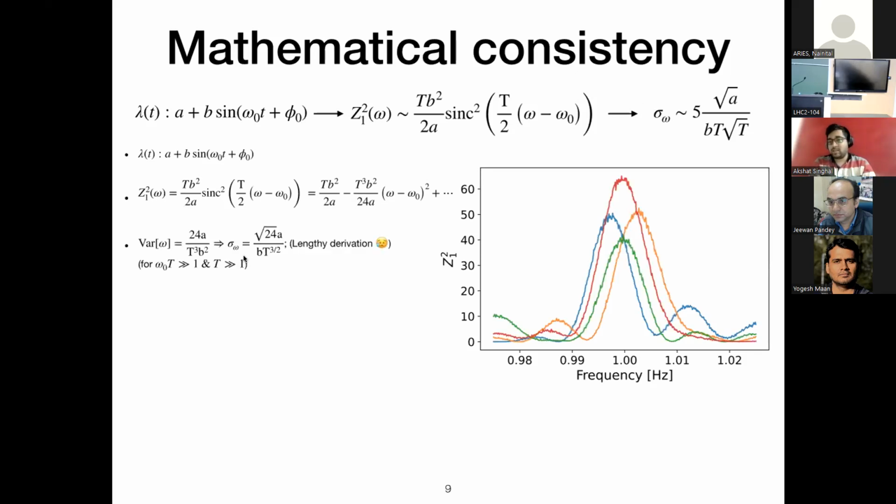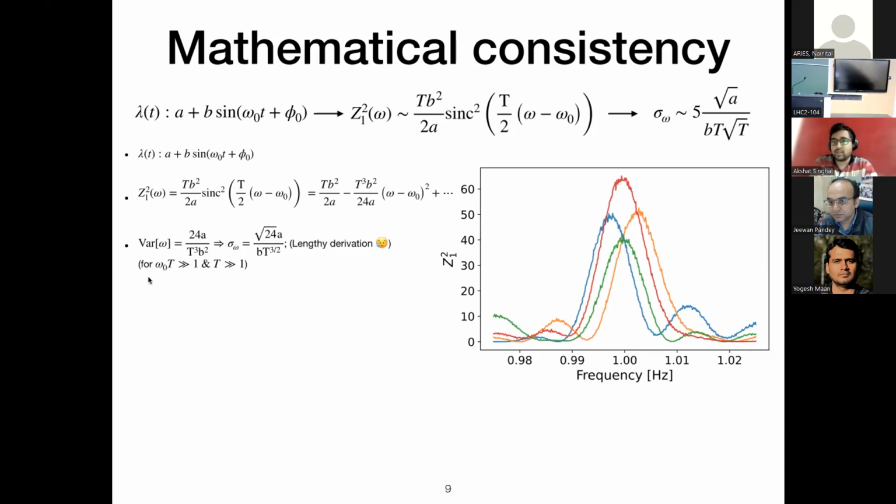A much lengthier derivation later, we come to the realization that the variance of the recovered omega corresponds to this, and if you notice, it's exactly the inverse of the second term. Hence, we get this value, which, if you replace it with the square root of 25, which is 5, is exactly the same as what we get.